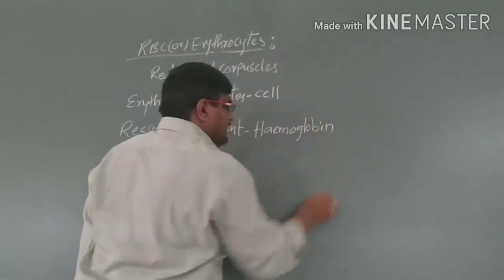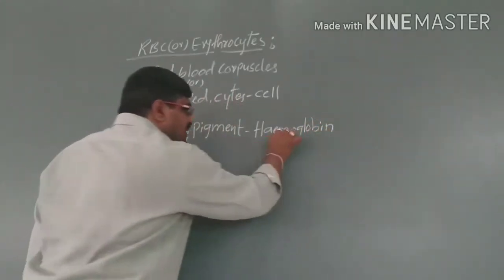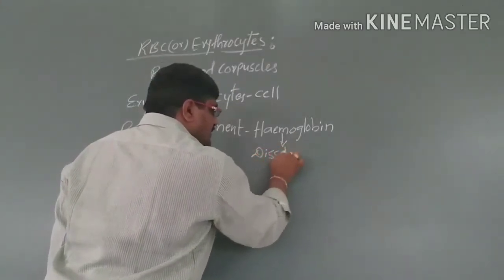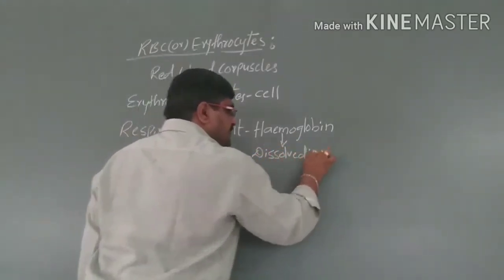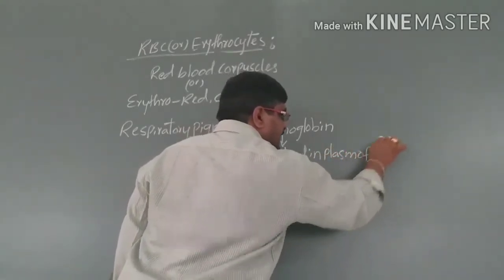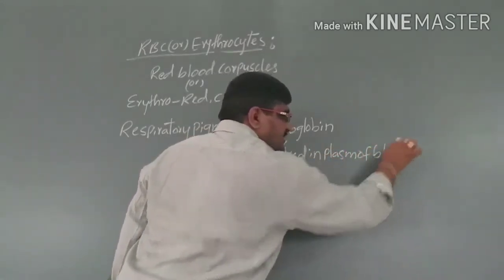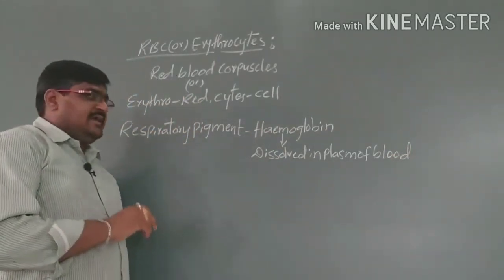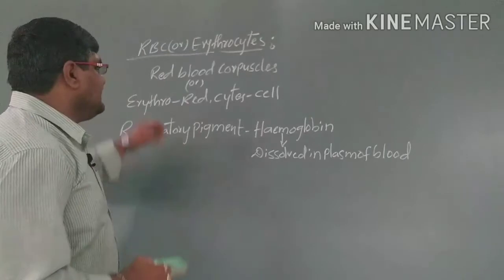The respiratory pigment hemoglobin is dissolved in the blood, so that it appears red in color.